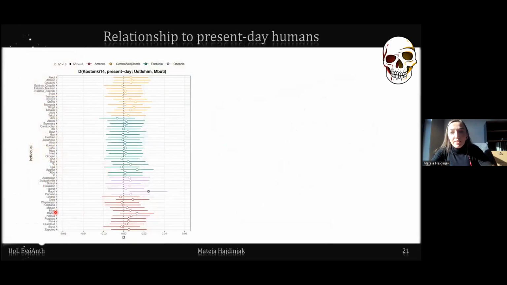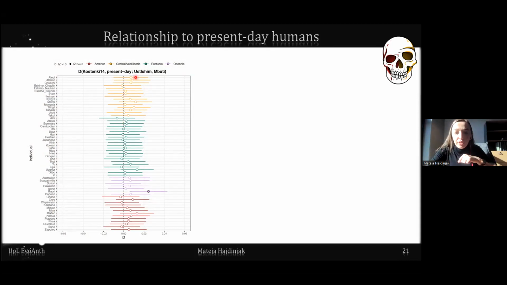One of the first things which we were interested in is how these initial Upper Paleolithic individuals are related to present-day humans and ancient modern humans. And we can do this by comparing the genomes of these individuals to present-day and ancient human genomes. And here we do it with a form of statistics where we look at how many of the alleles our individual that we are interested in shares with other groups of humans.